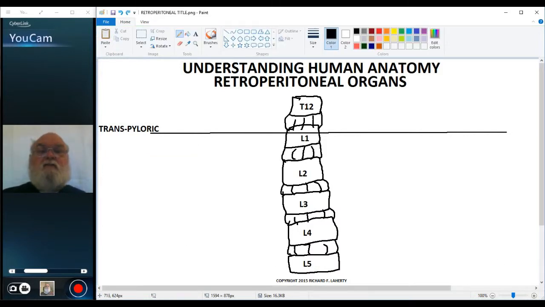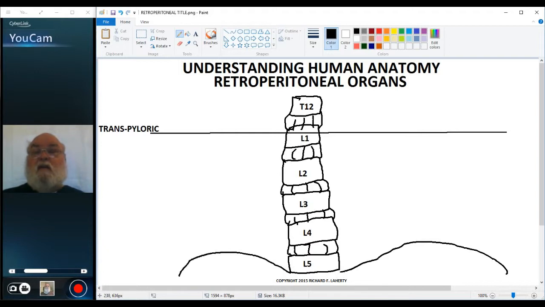I also need to sketch in another bony landmark, and that would be the iliac crest coming from the os coxae, there on one side, and there on the other side. We'll draw in another reference point, and that is the supracrestal plane.